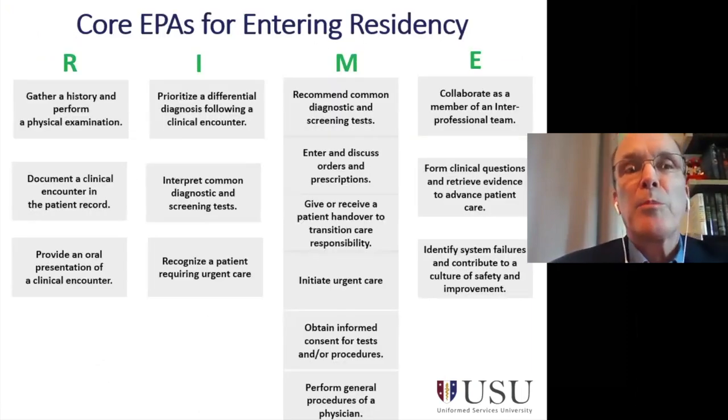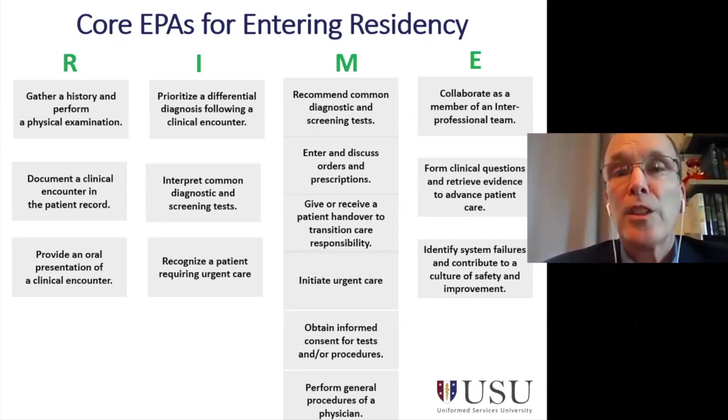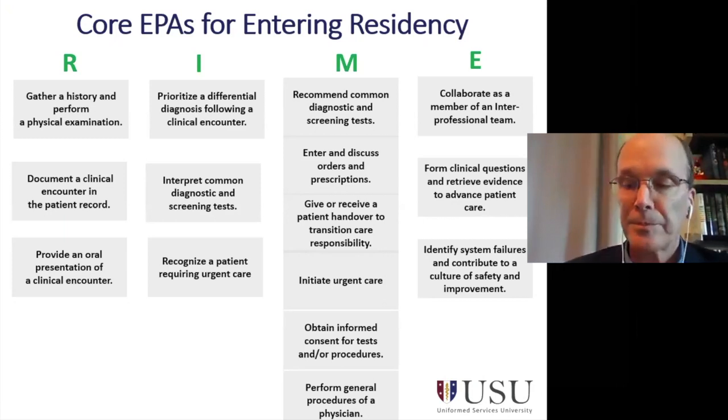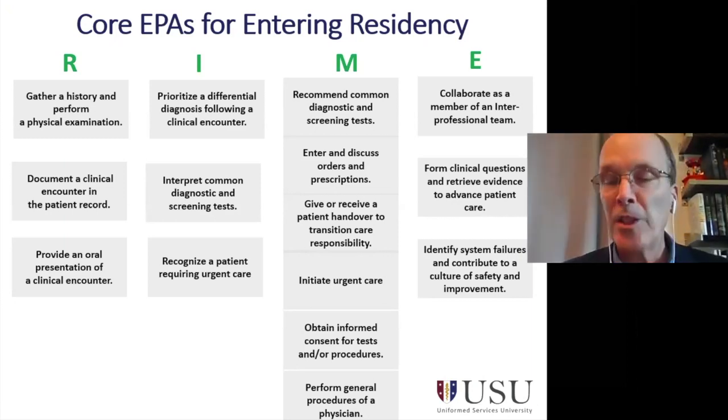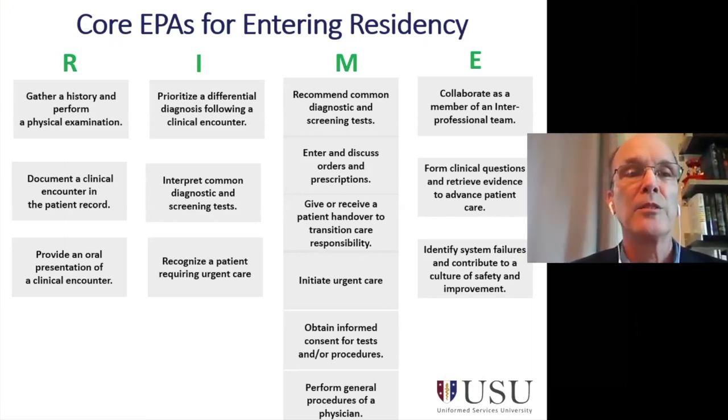I think most of you are probably familiar with the core EPAs for entering residency, a project sponsored by the AAMC that's ongoing. Based on a prior publication that we've had, what we've done is reorganize this, that the EPAs themselves, this list of activities, actually fits very well in a RIME framework. So for example, gathering a history and performing a physical examination is predominantly around reporting.